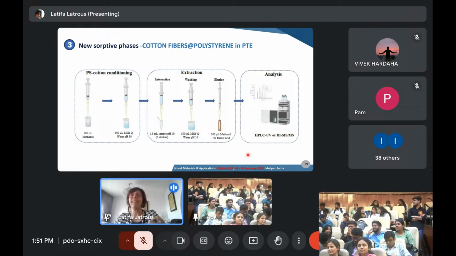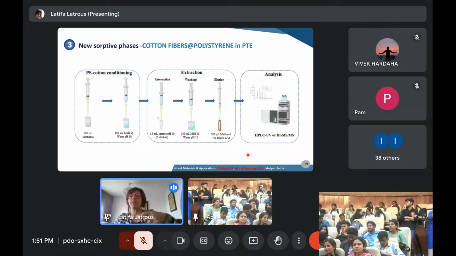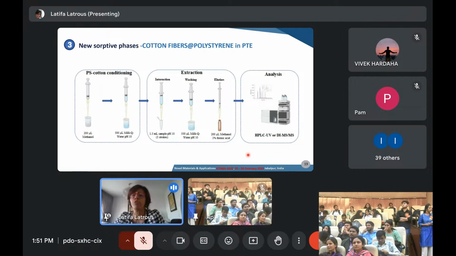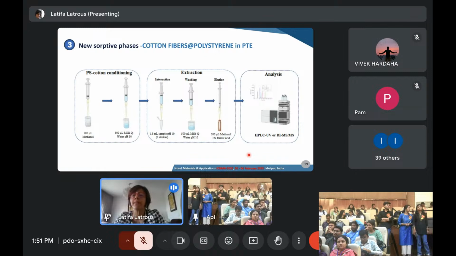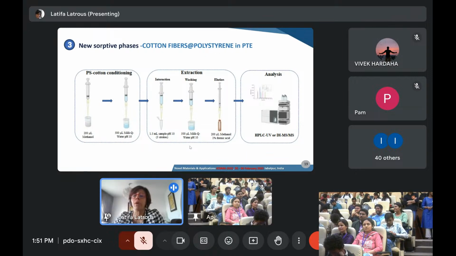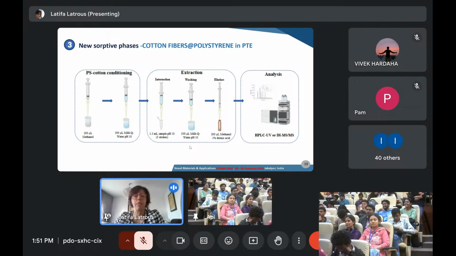So we draw and eject, and that is called a cycle. To promote the interaction of the analytes with the sorbent, then washing and elution steps, and the eluate was then analyzed by LC-MS.